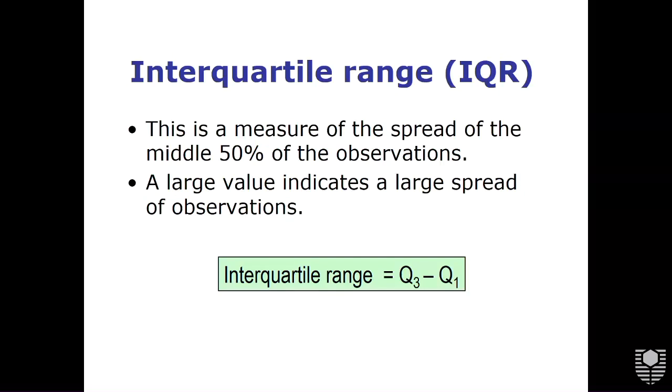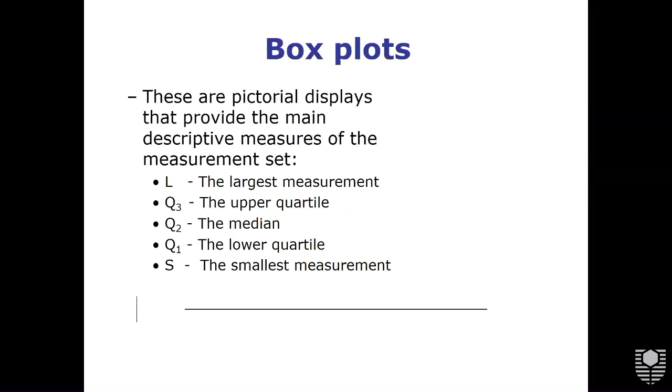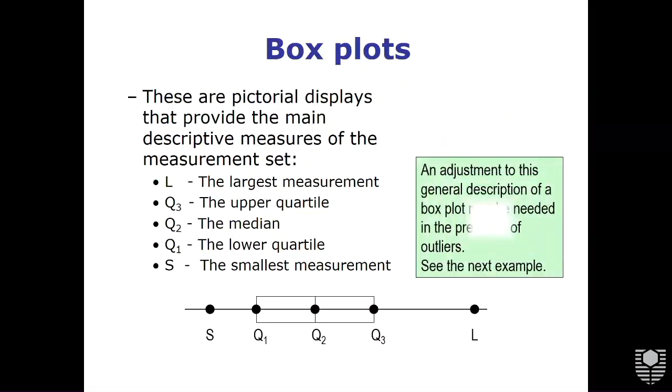Here is the same. Interquartile range is equal to the highest quartile minus the lowest quartile. In here, the box plot is giving us the box to check the smallest value and the highest value. So an adjustment of that.